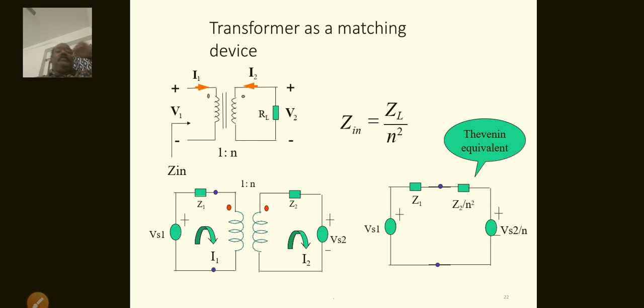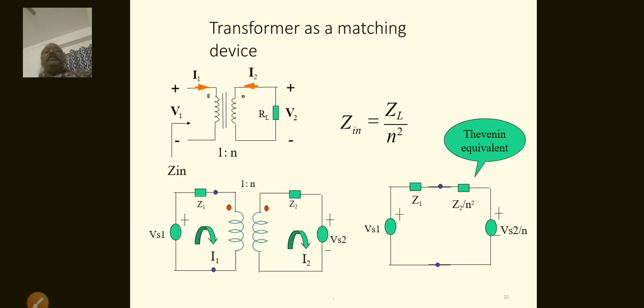So what is n actually? n is the ratio of the output voltage to the input voltage, which is equal to input current to output current, equal to N2 by N1, which is equal to n. That is the actual n value.